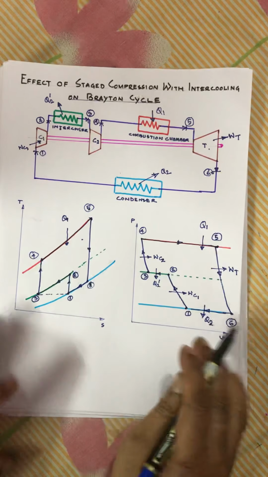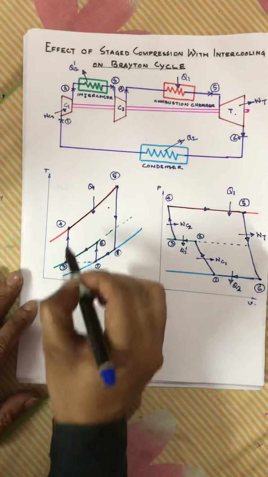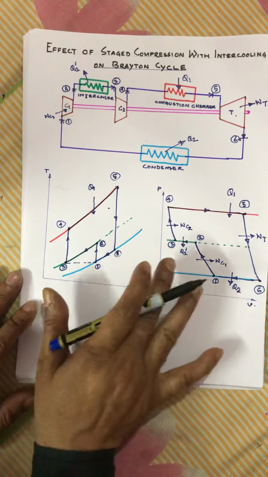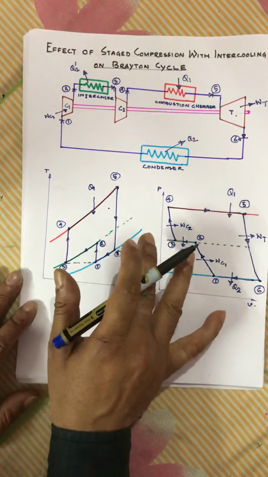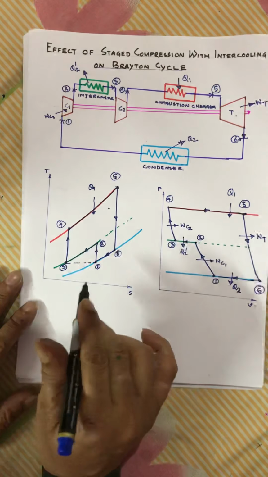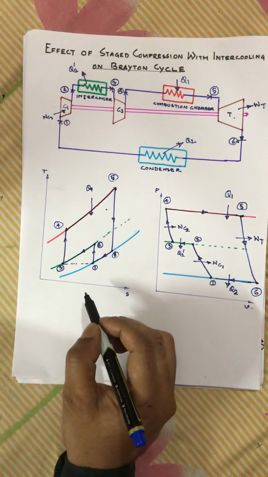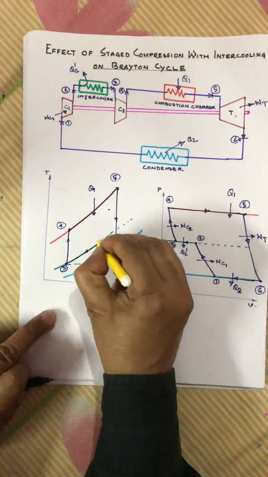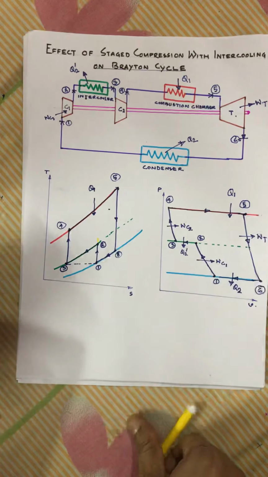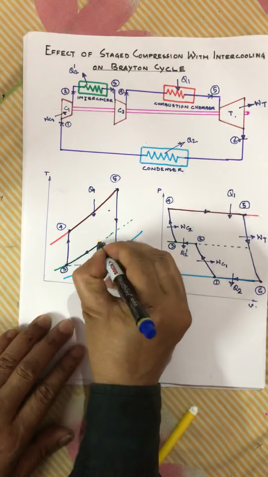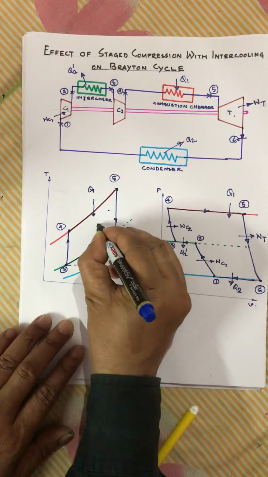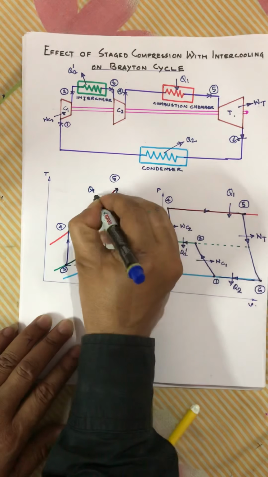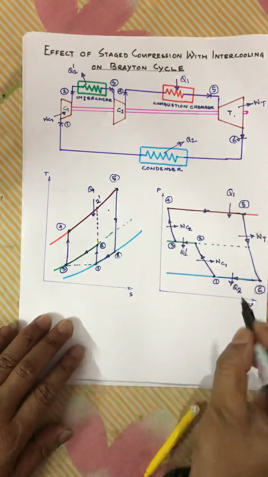Now concentrate on this TS diagram. If I have to draw the basic cycle without staged compression and intercooling, then the cycle becomes just like that. That means I can say this is 2 dash.